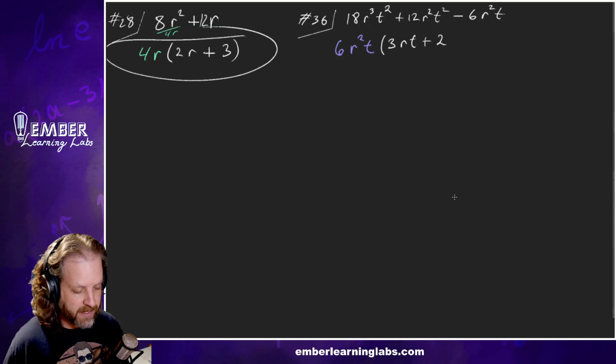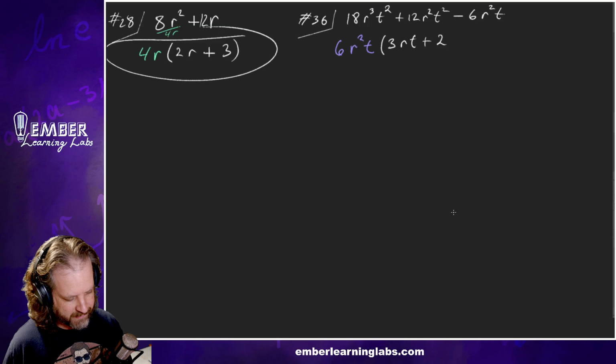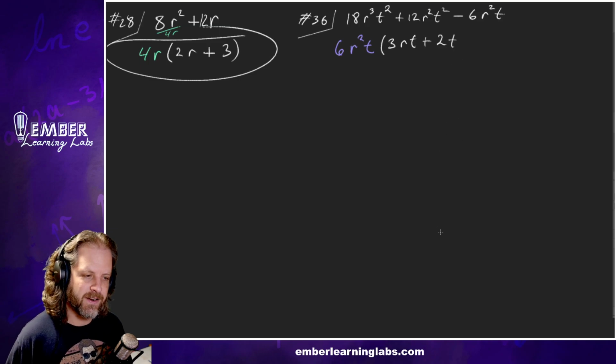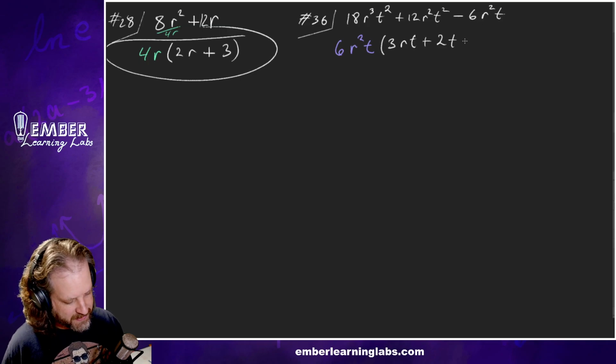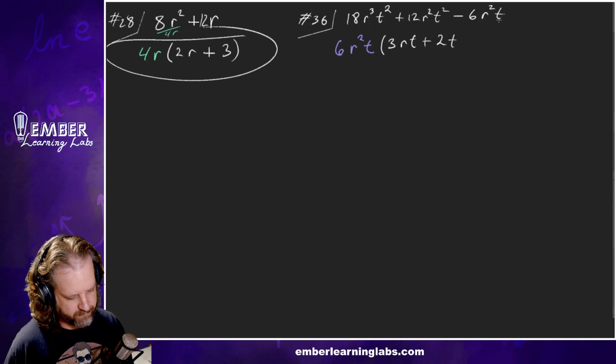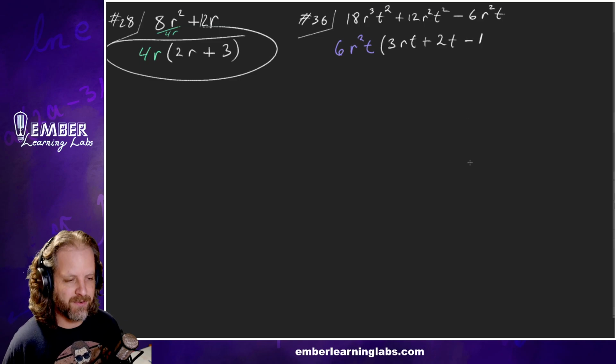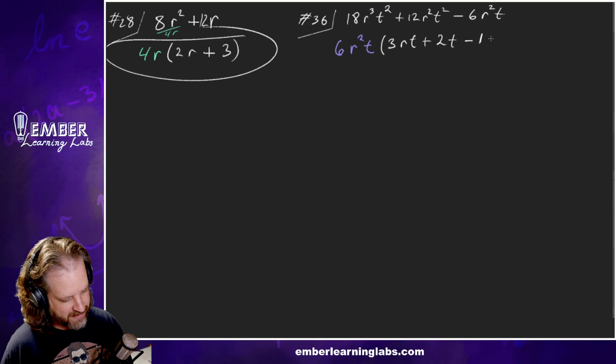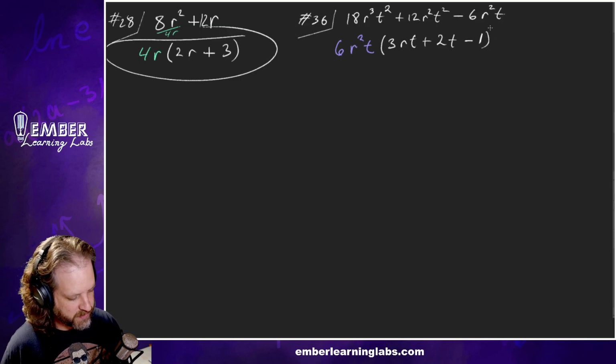Two. I don't think there's a T left. Oh, yeah, just kidding. You're right. There is a T left. What about this last one? Minus 1, right? Doesn't turn into a 0 because we're dividing.